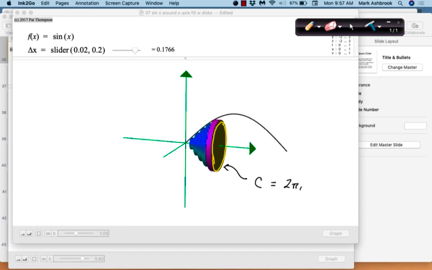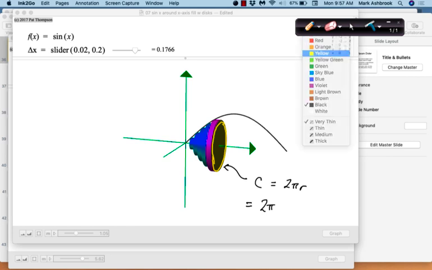What is our independent variable here? X or y? Is x increasing through delta x intervals, or is y increasing through delta y intervals? X, right? X is increasing through delta x intervals. So we need r as a function of x. What is r as a function of x? What is the radius?